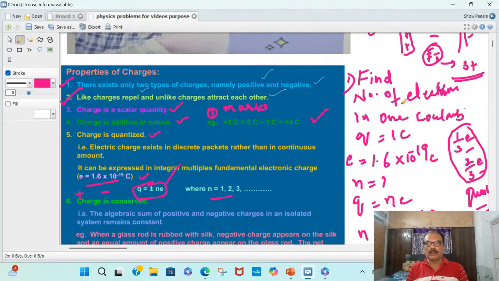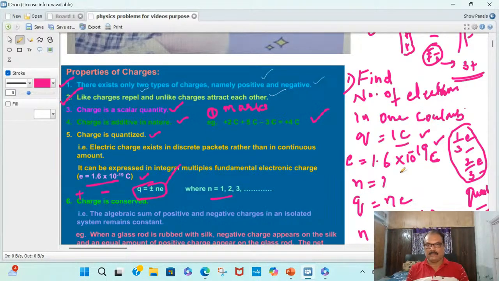Find the number of electrons in 1 coulomb. Given is 1 coulomb, and the smallest charge is plus 1.6 into 10 to the power of minus 19 coulombs. How many protons are present in 1 coulomb?